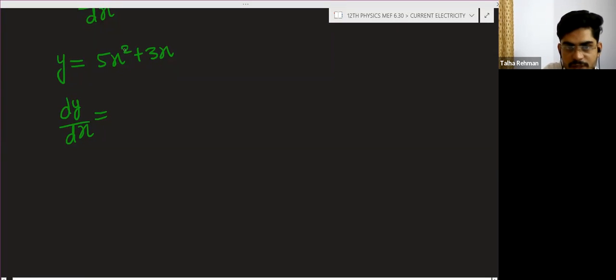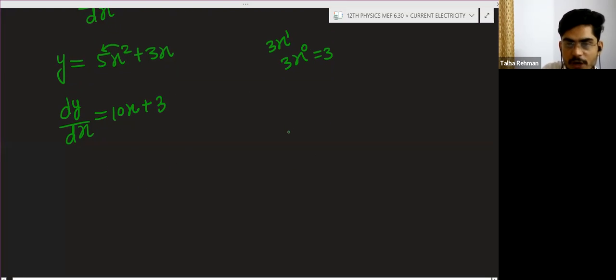First you do the thing for 5x square, and this becomes 10x. Now you use the plus sign and write 3, because 3x to the power 1 gives 3 into 1 is 3, and x to the power 1 minus 1 will be x to the power 0.